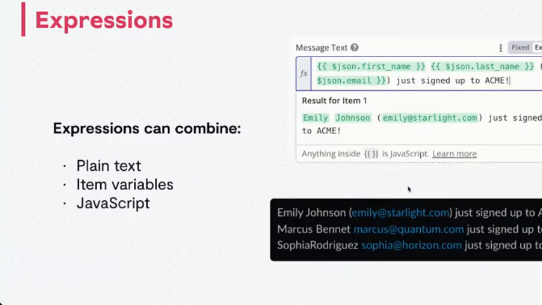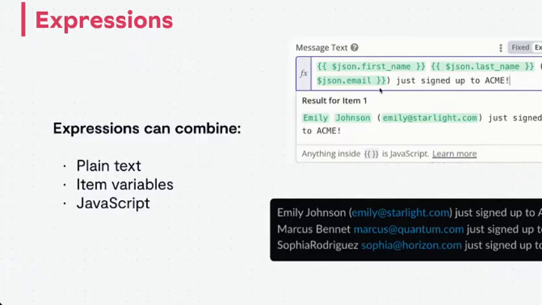Everything between two braces or curly brackets is an expression. So we can use expressions for many different use cases. We can use item variables as we saw before. So $JSON.firstName, JSON.lastName, or email.